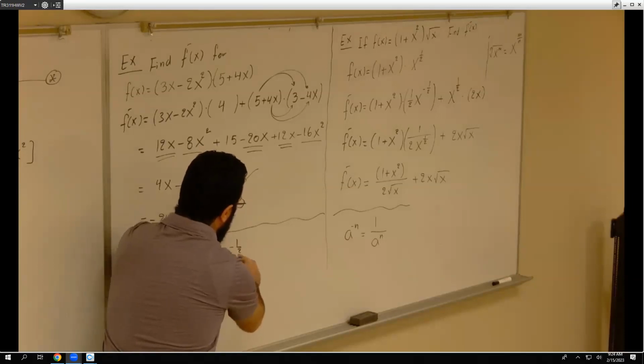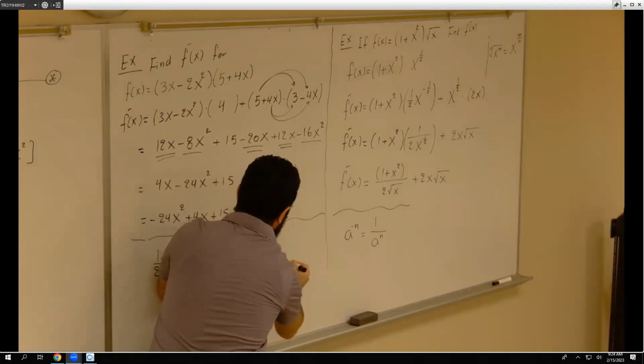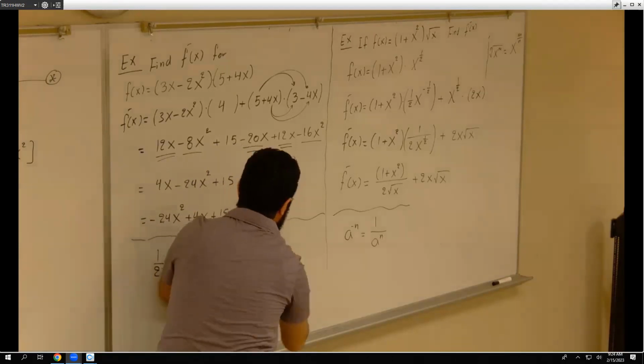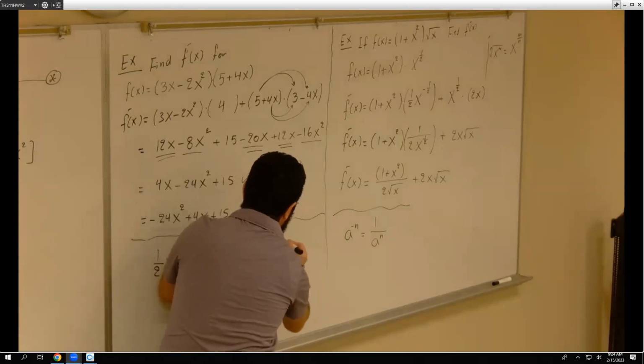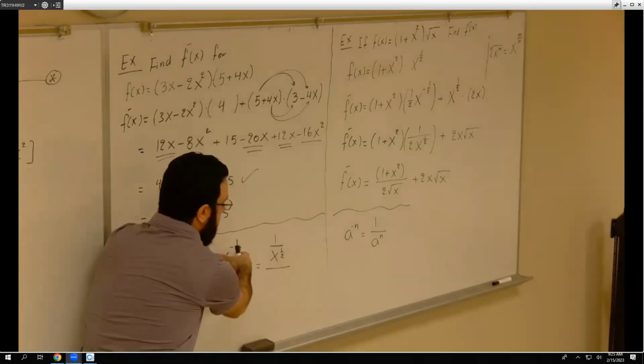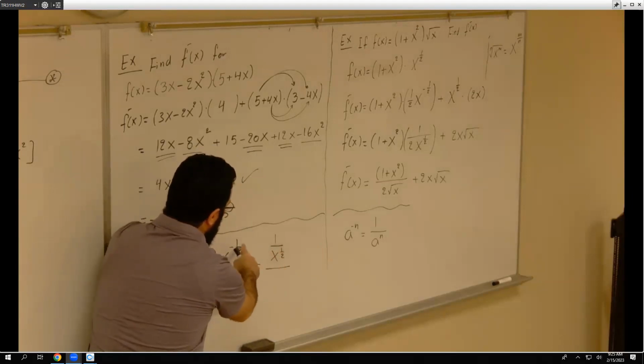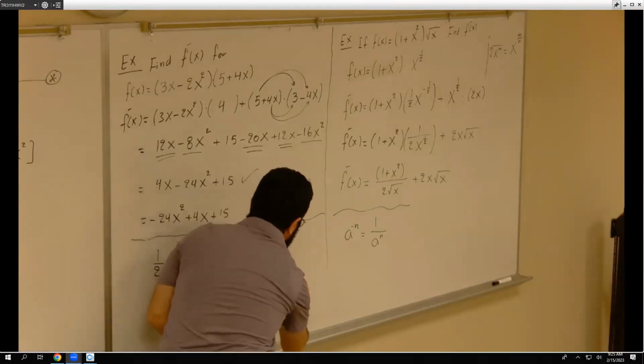Can I write this as 1 over the number with positive exponents? You see, only on the top part I'm using this rule. A number with negative exponents is going to be 1 over the number with positive exponents. And here is the 2.